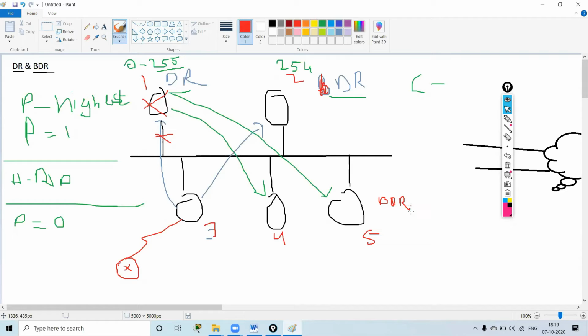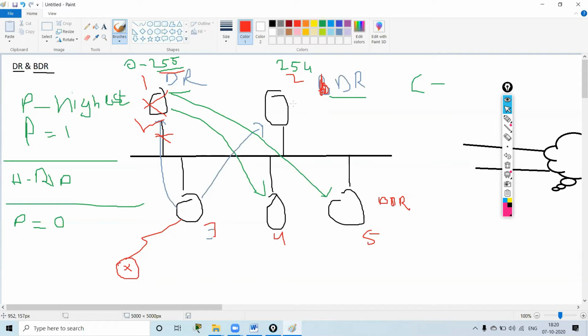Okay. Now after some time this router came up. Now this router has the highest priority, 255. But when this router or this link comes up, it will not automatically become the DR again. It has to wait for the current DR, BDR to go down.